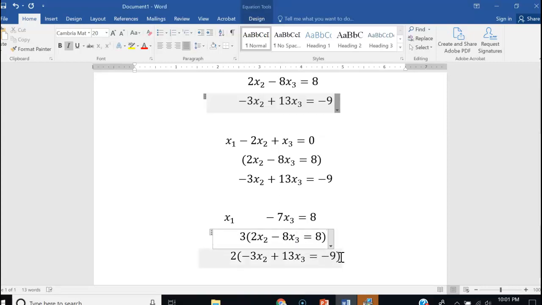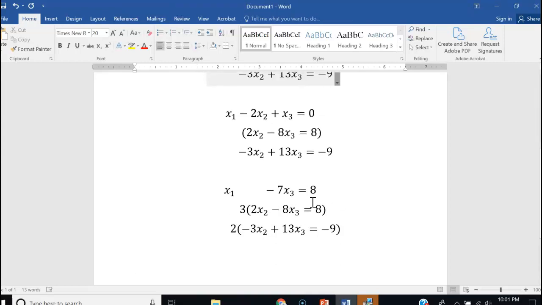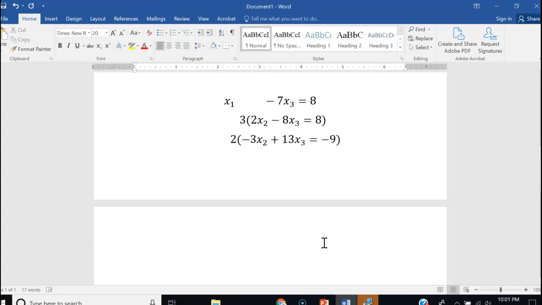I'm going to add them together, and I'm going to replace the bottom equation. Okay, so this one takes a little bit of computing, but 3 times 2x2, that's 6x2s minus 6x2s. You get 0x2s. I will write this down just a second.